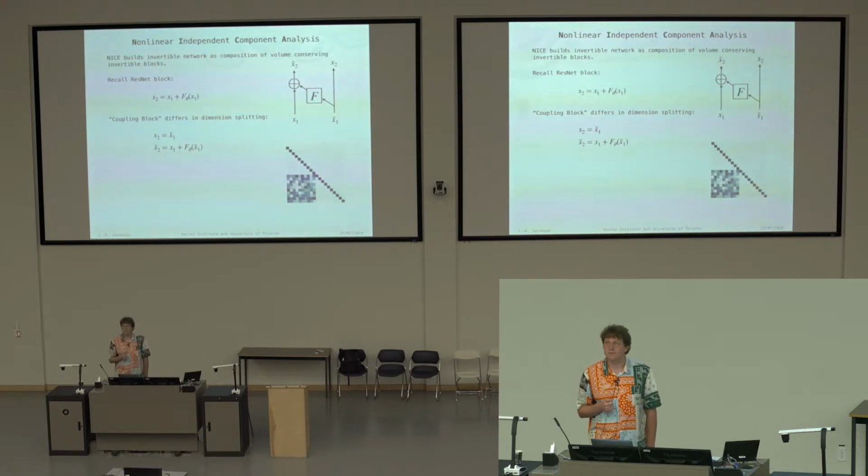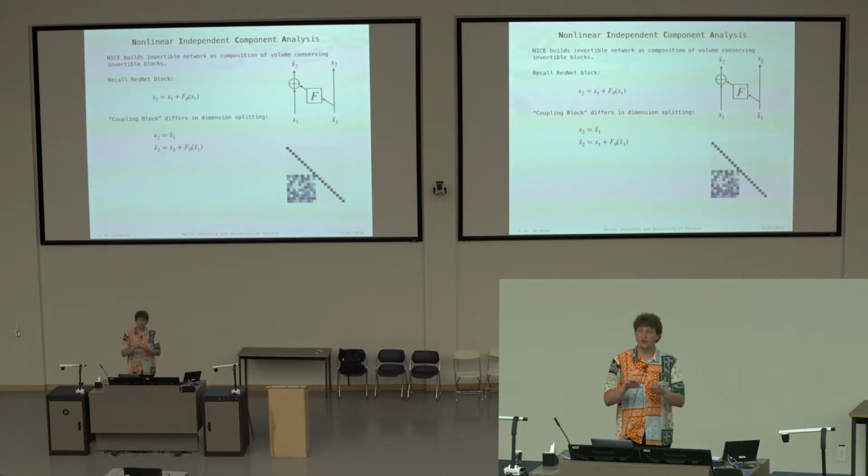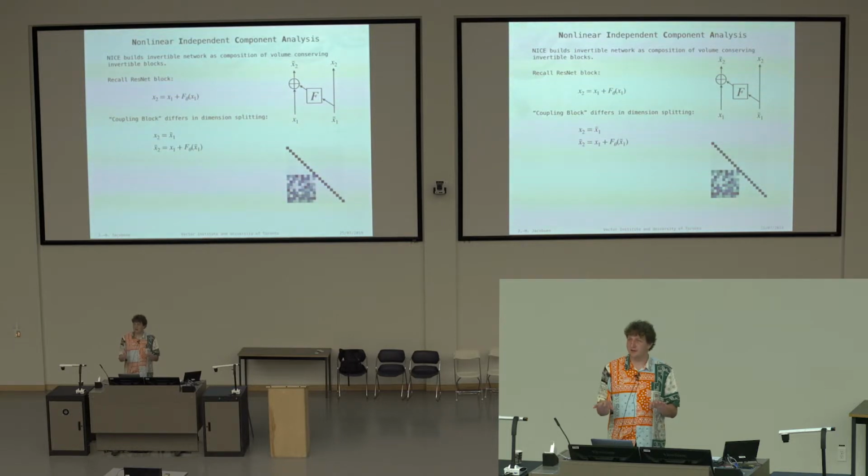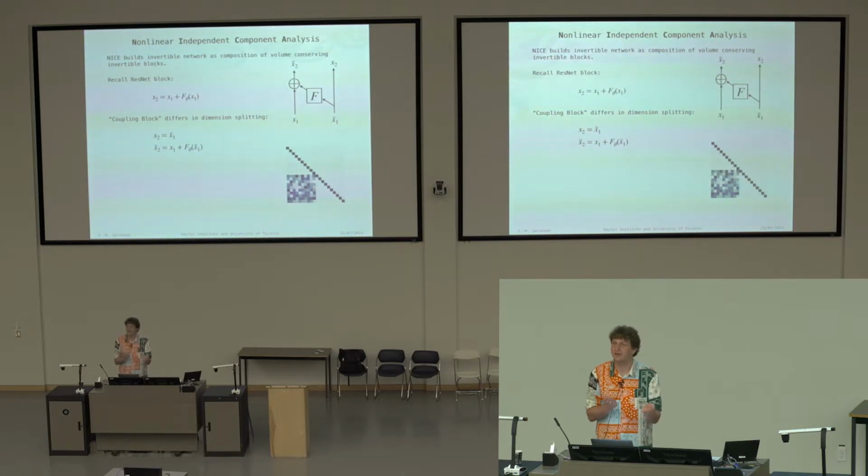Yep. How do you split x into x1 and x1 tilde? That's arbitrary. It just has to be mutually exclusive. Together they have to be the whole of x, and x1 cannot contain any dimensions of x that are also contained in x1 tilde.